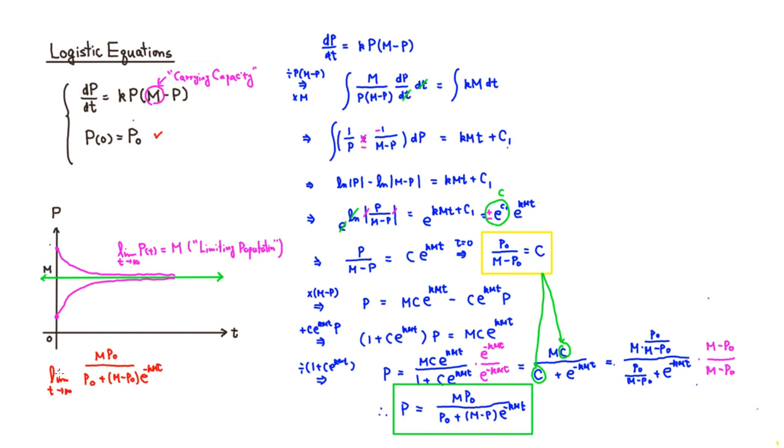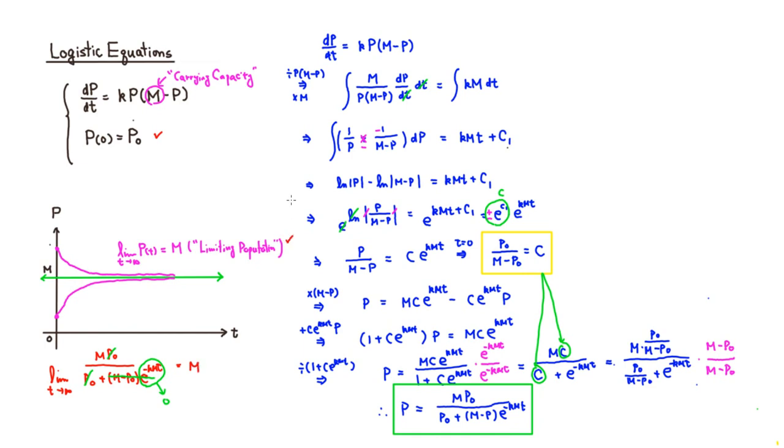Because of its negative sign, e to the negative kMt goes to e to the negative infinity, which goes to 0. So this cancels out, and the P0 cancels out. What's left is simply M, and you can see that this is the limiting population.